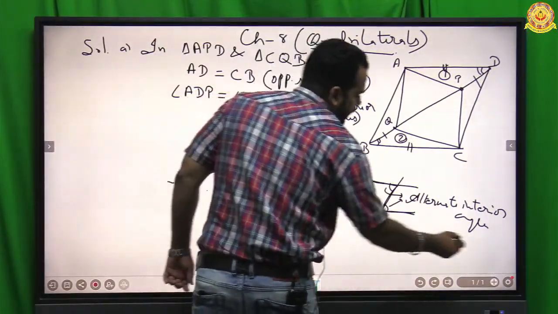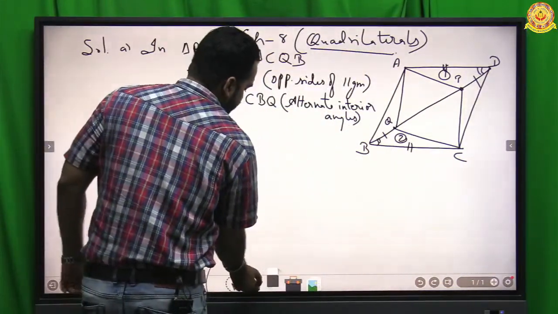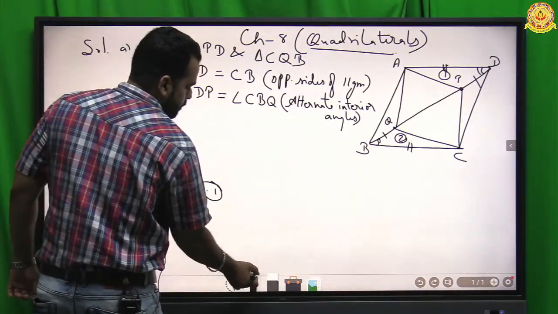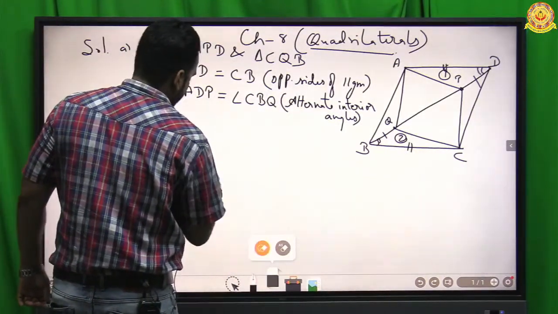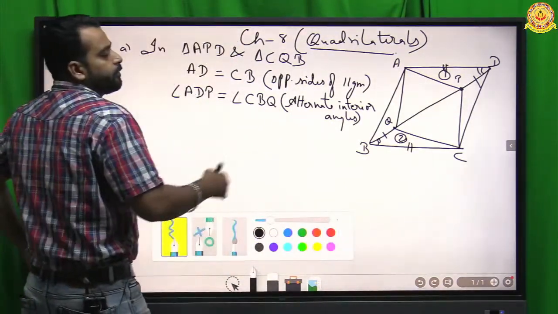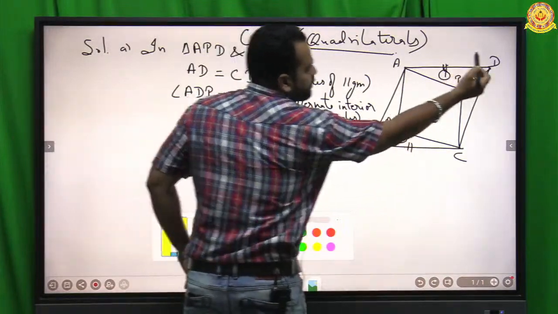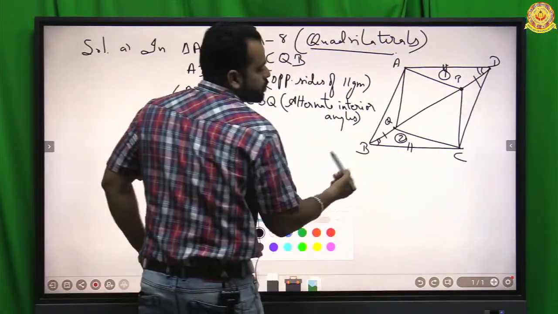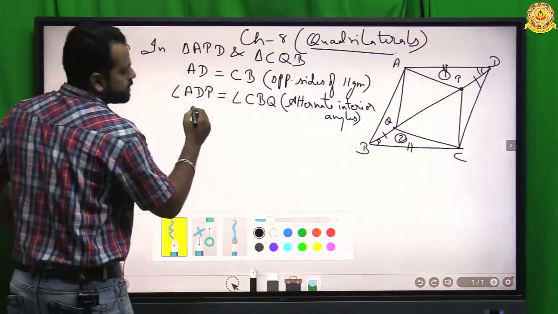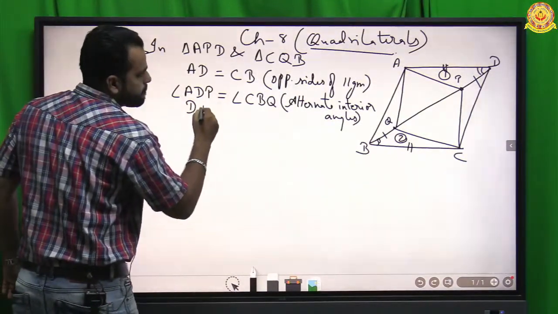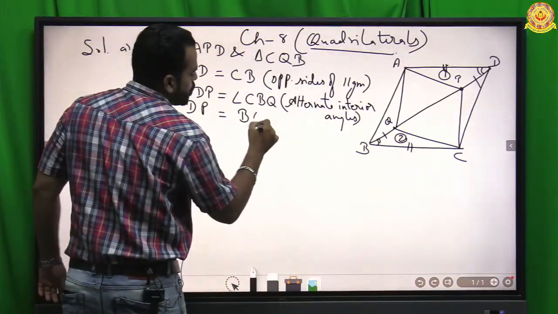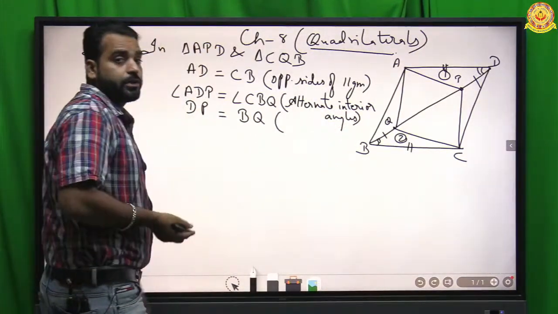So after that we can write this side DP is also equal to BQ. It is given in the question. So the third component is DP is equal to BQ, because it is given in the question.